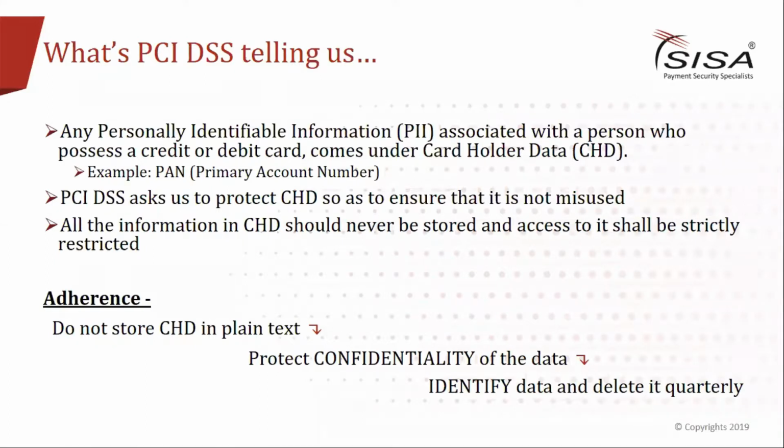Because again, the token can only be authenticated from the central vault, in which there's a mapping between the token and the card number. So PCI DSS in its entirety talks about the security of the card numbers whenever they are stored, processed, or transmitted in your organization.